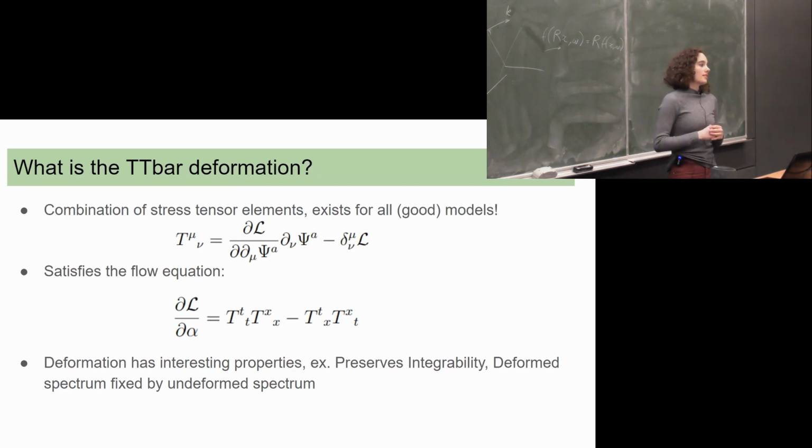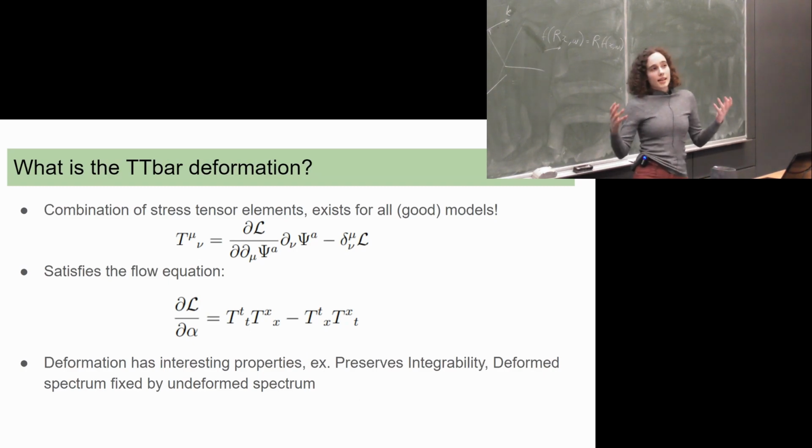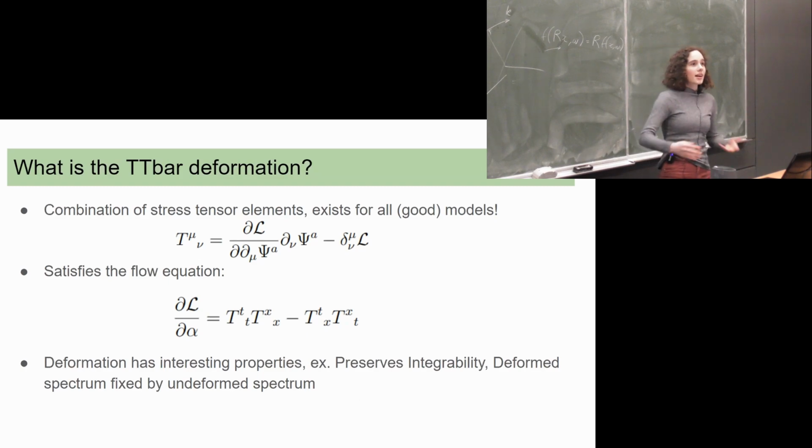But the idea is that if you have an undeformed action, you can couple that action to some sort of operator. You just slap on at the end some parameter, some operator, and overall that will be a new theory. In that case, it'll satisfy what we call a flow equation, which defines how the theory deforms and how it changes.